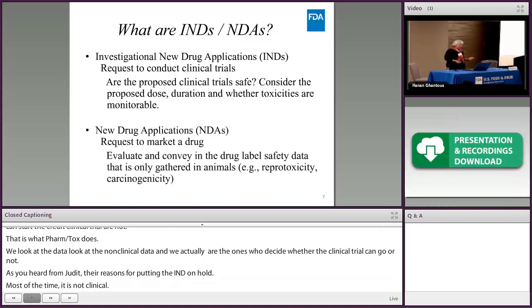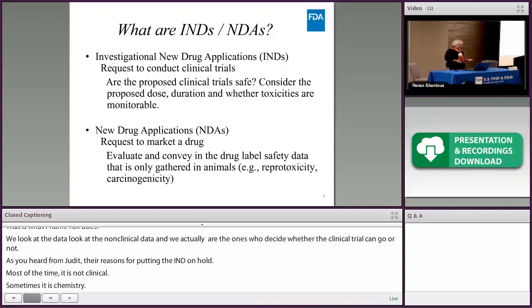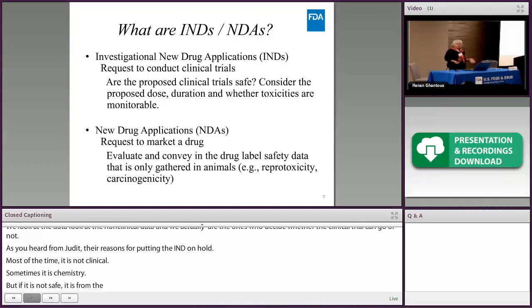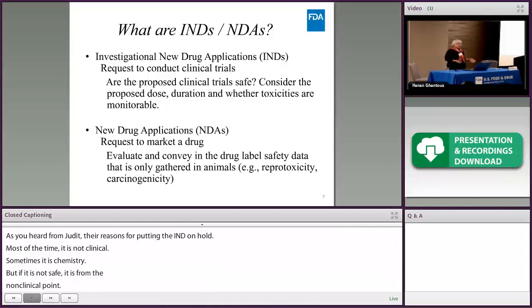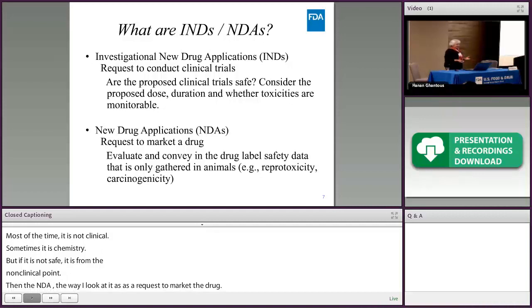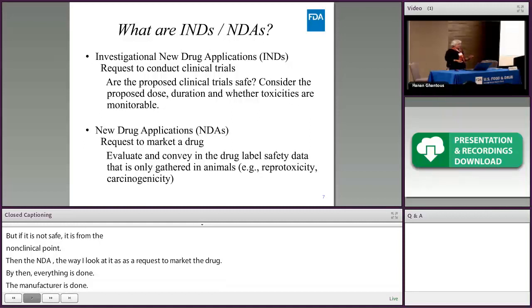Then the NDA, the way I look at the NDA is a request to market a drug. By then, everything is done. All the clinical trials are done, the non-clinical done, the manufacturing, and the sponsor is submitting all this data and asking us, can we start to market the drug? So for PharmTox, at that time, we're nearly done with reviewing all the non-clinical.